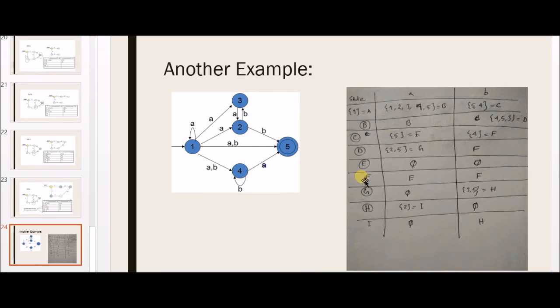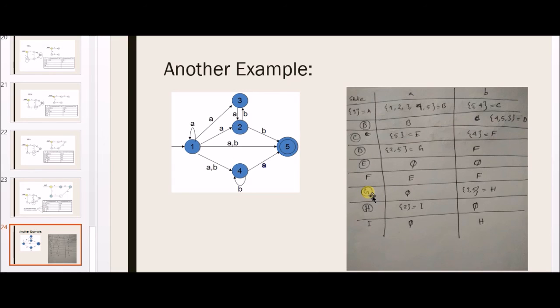From F, I will be able to go to the state E for alphabet A. From F for alphabet B, I will be able to go to the state number F, which is actually 4.